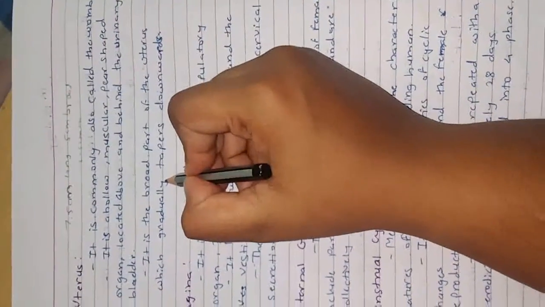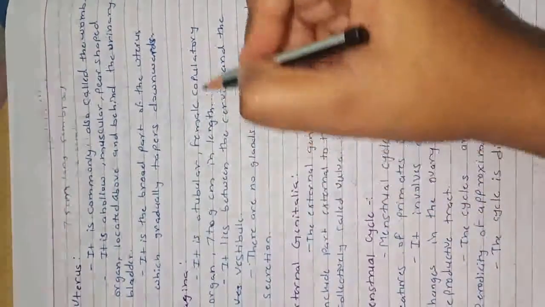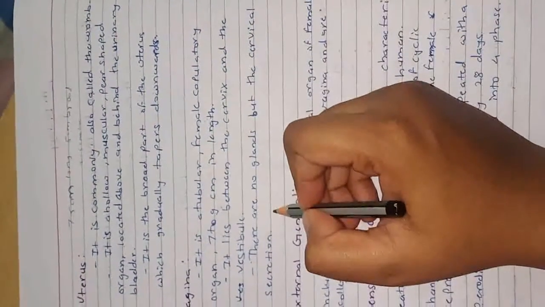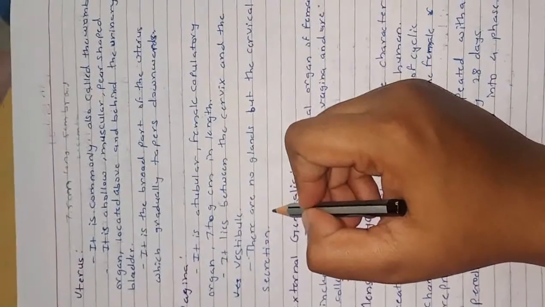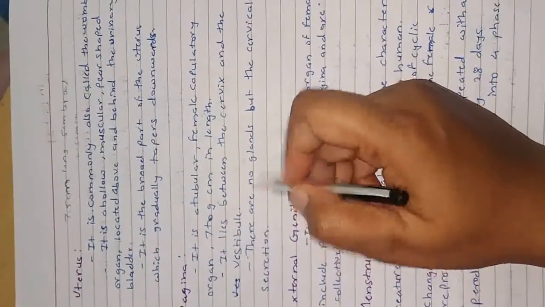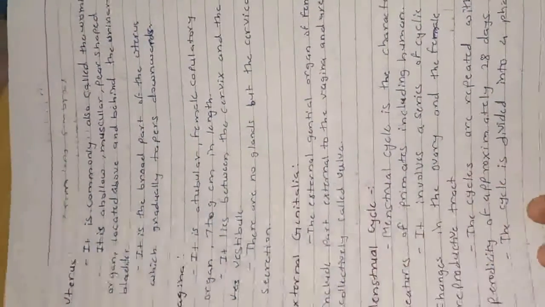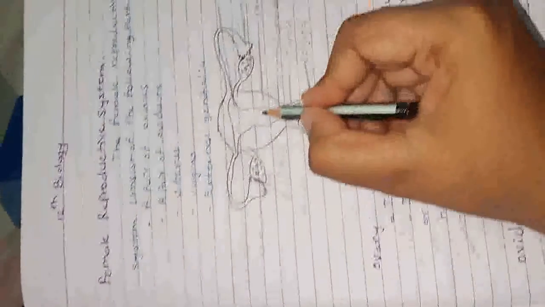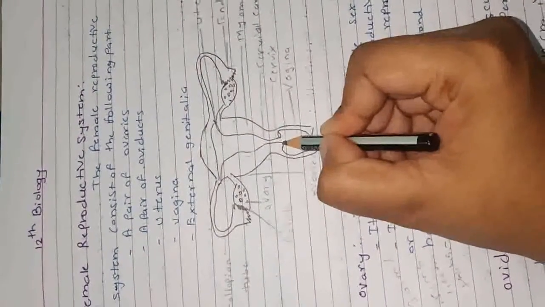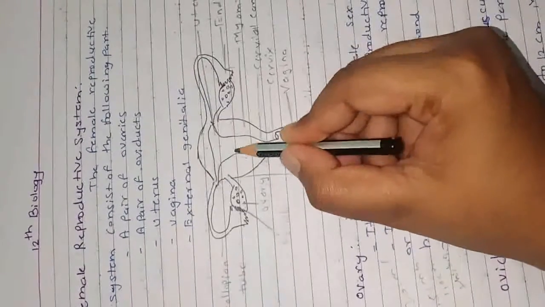The uterus can be divided into 3 regions: fundus, body, cervix. We have seen the body, cervix and fundus.